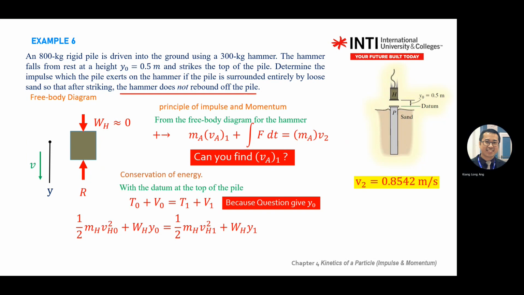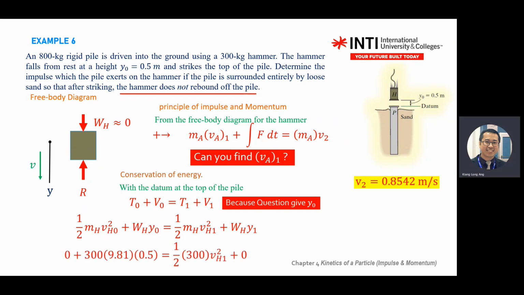You don't mix two bodies. You don't make yourself confused. You focus on that body, then you do conservation of energy. Okay. So here, hammer, hammer, hammer, hammer. You substitute, you only have the velocity of your hammer. Okay, this is after. You want to find the hammer's velocity after, right?